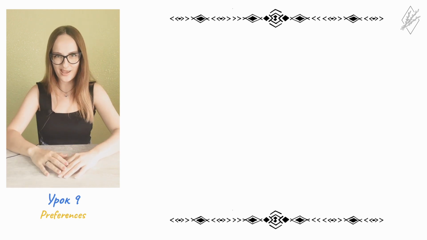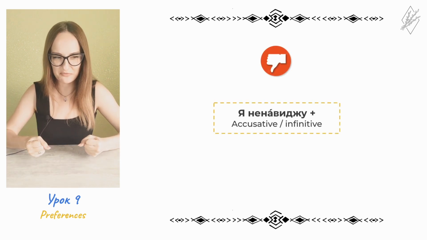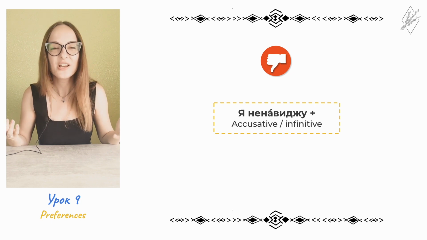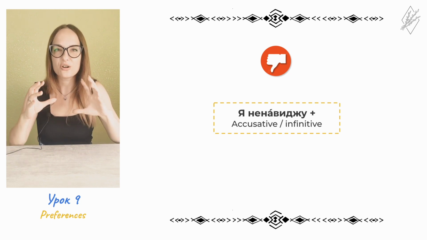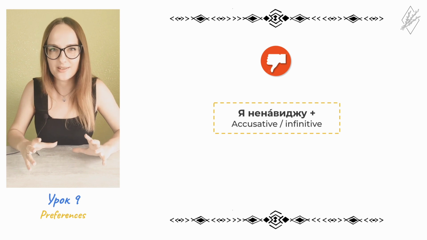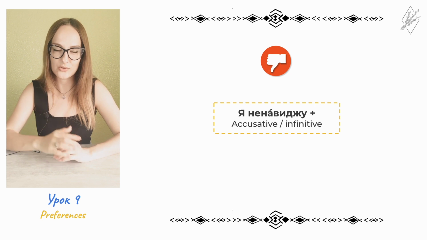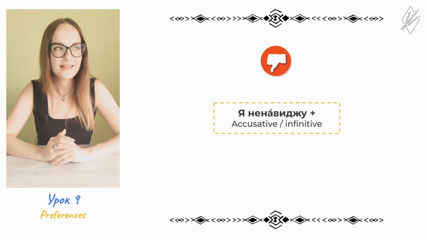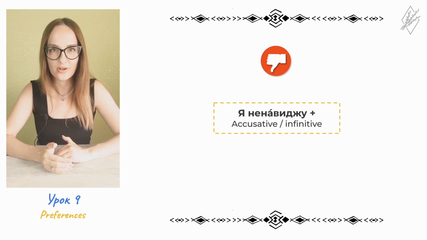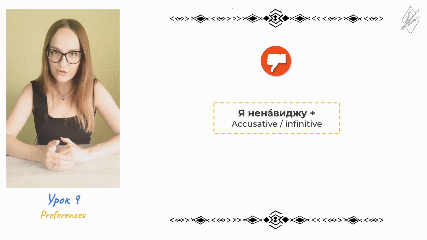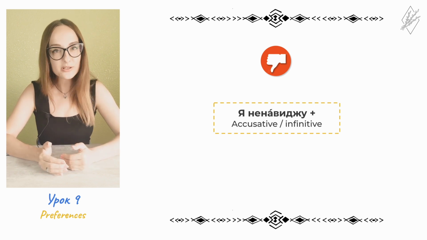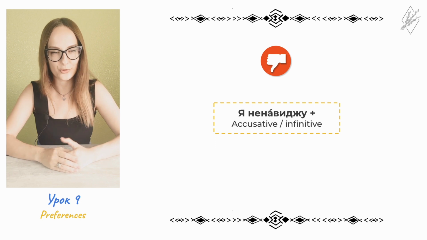But we also may have negative preferences. Can we say like this? So, we can really hate something. And to say I hate, in Ukrainian we need to use this structure. Я ненавиджу, plus accusative case or infinitive of the verb.